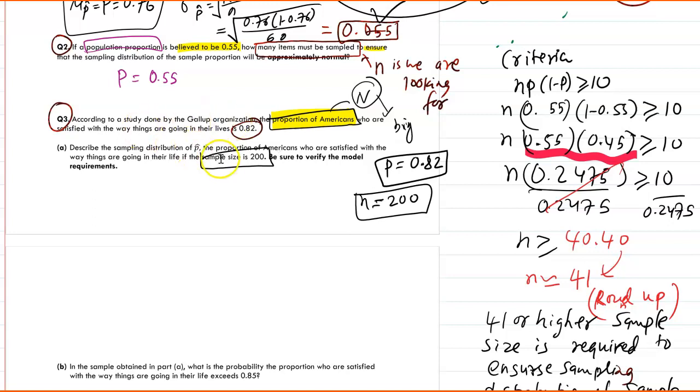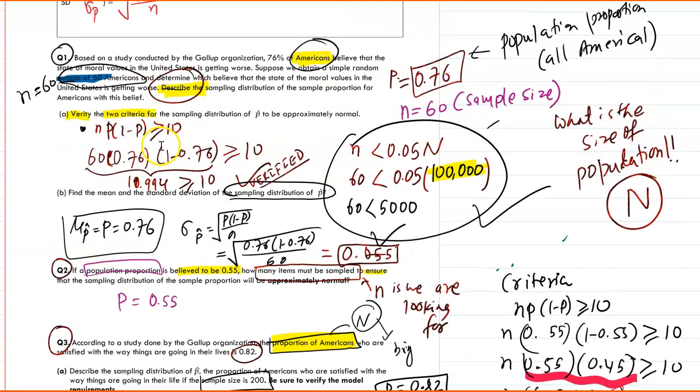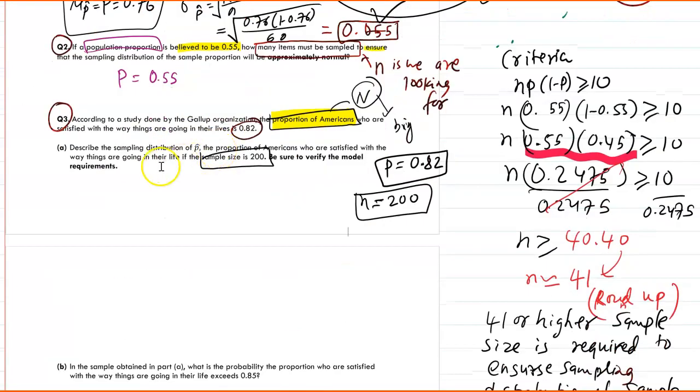As I told you in question number 1, as long as the question asks you to describe, you have to do two things. One is verify the criteria, and the other is find the mean and the standard deviation of the sampling distribution. Therefore, let's verify the criteria, to be sure to verify the model requirement. What's the first criteria? np(1 minus p) greater than or equal to 10. Let's do that, with n equal to 200.